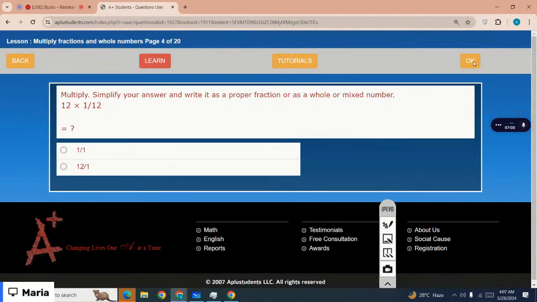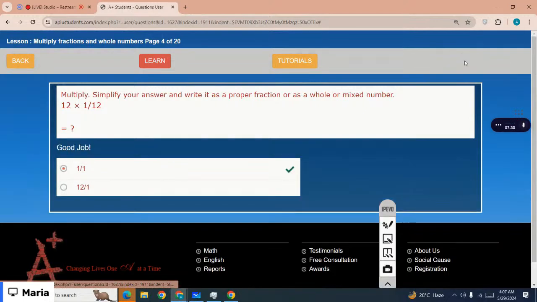Next, 12 times 1 over 12. So which is the correct option? Yes, that equals 1 over 1. Option number 1 is the correct option.